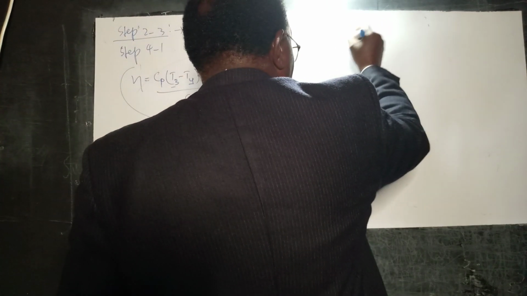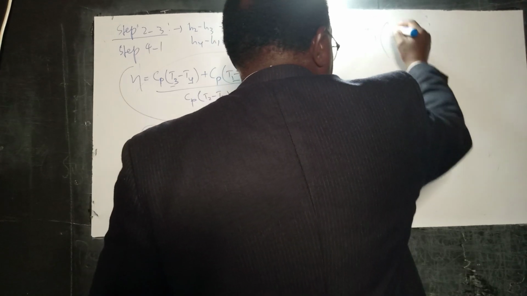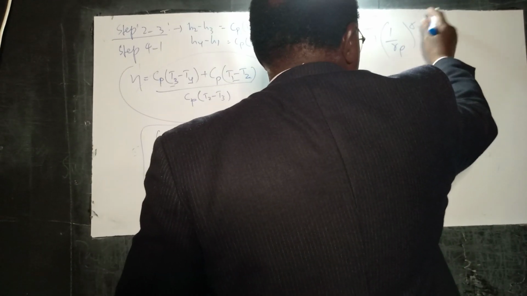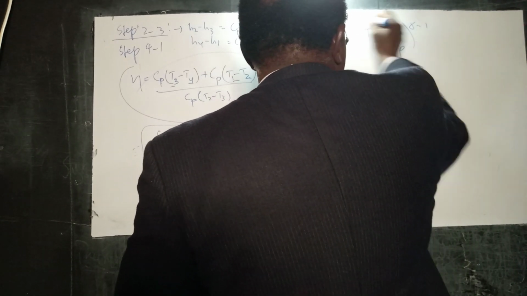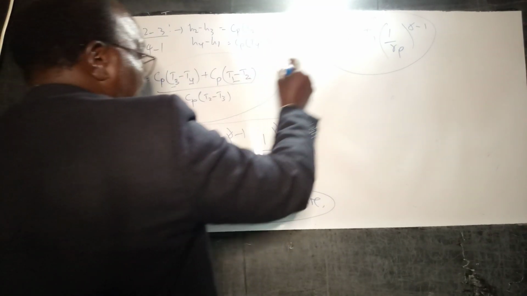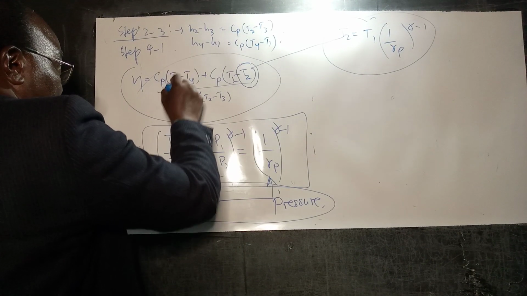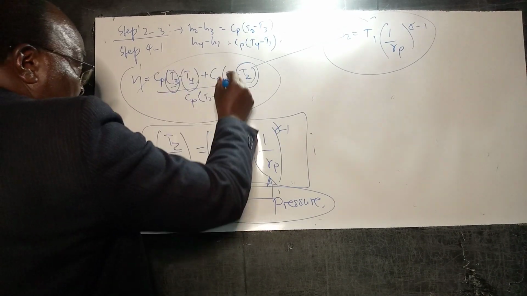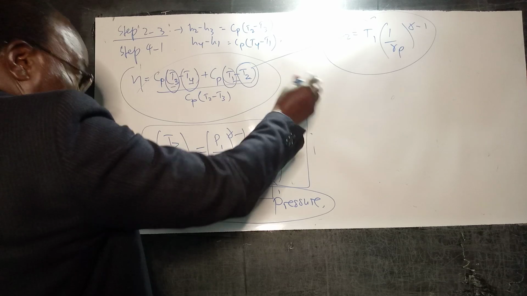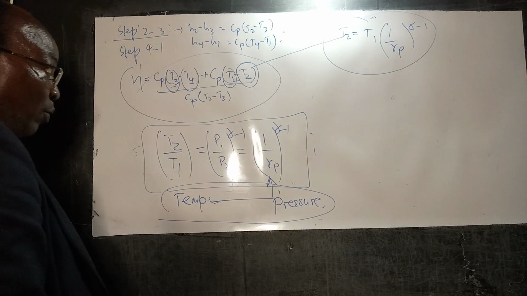So T2 is T1 times 1 over Rp to the power gamma minus 1. This quantity for T2, you can plug into the efficiency expression here. So you have to solve for T3 and T4; for T1 we have the values, and you already have the expression involving T1 and T2.